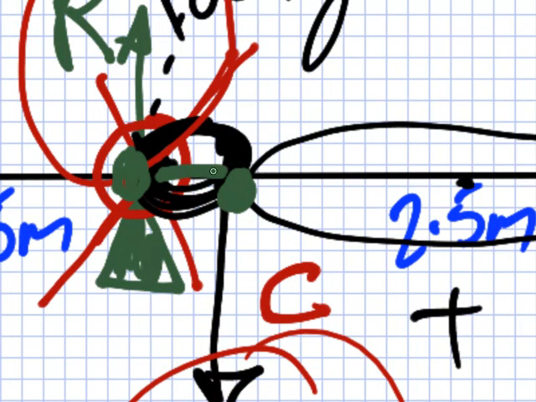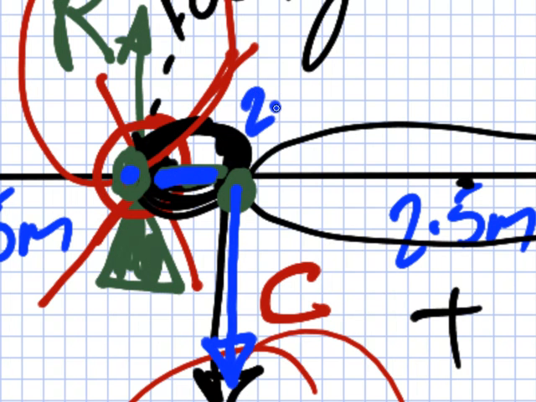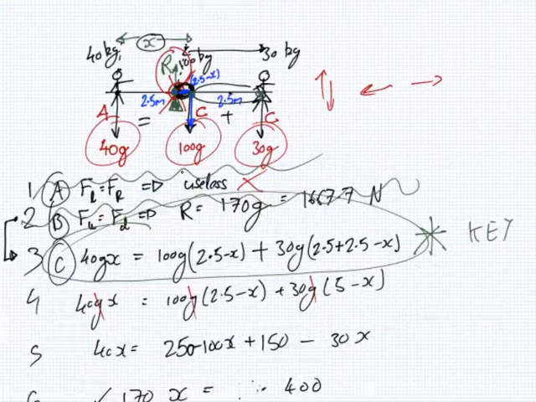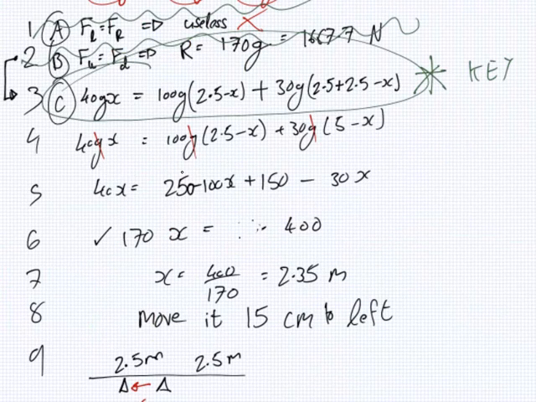There's a small distance here. This is the turning point, and this is a force going down. And there's a small distance here of 2.5 minus x. Isn't that what we said? For this distance. Okay? Okay, great. Any other questions? Is it okay over there? And down here, is it okay?